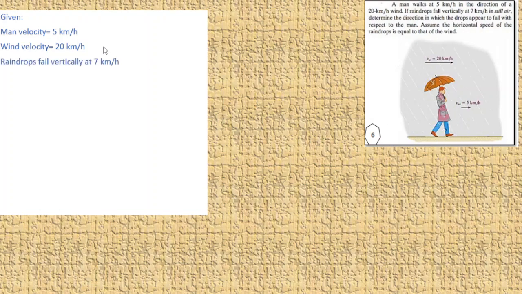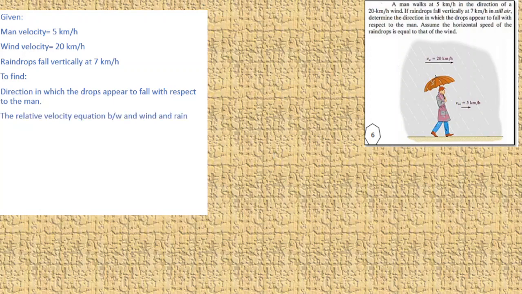And the raindrop falls vertically at 7 km per hour. The velocity of rain, this white line, is 7 km per hour, and we are asked to determine the raindrop's apparent direction with respect to the man, which means the relative velocity of the raindrop with respect to the man. We can use the concept of relative velocity and solve this problem simply.